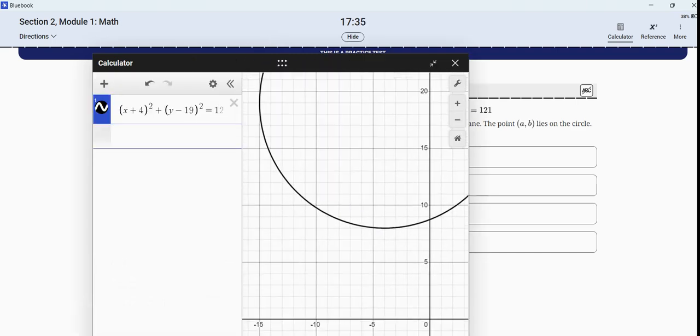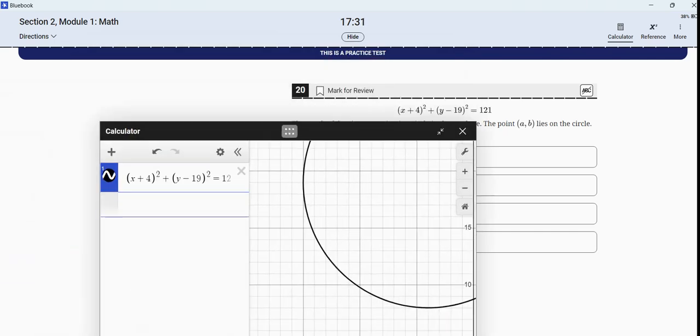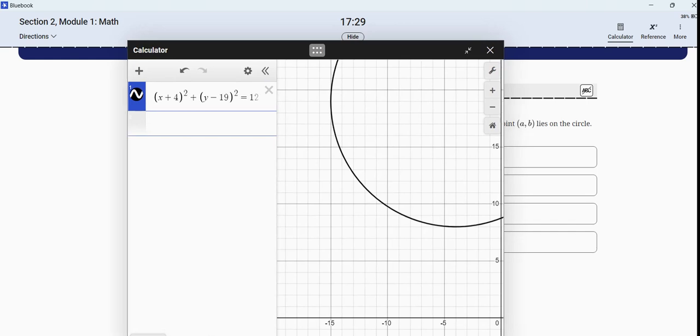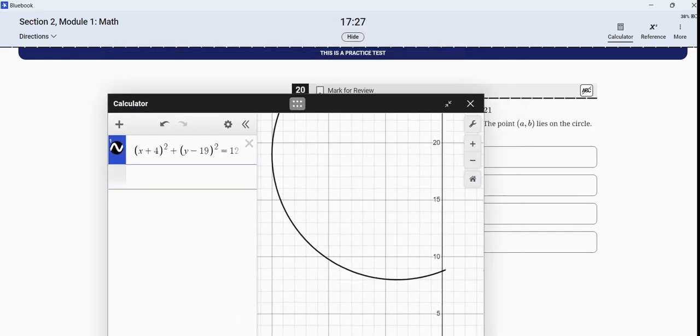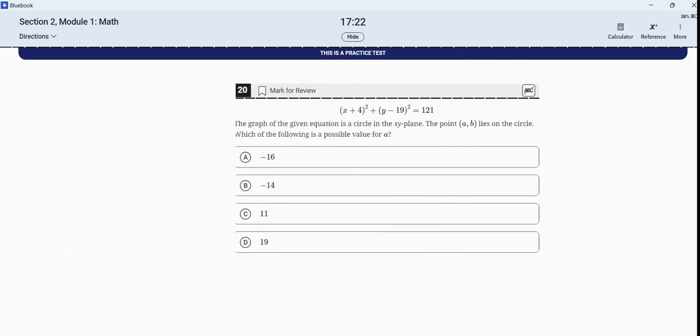We'll see which x value can lie on the circle. And that would be negative 14. Sorry.